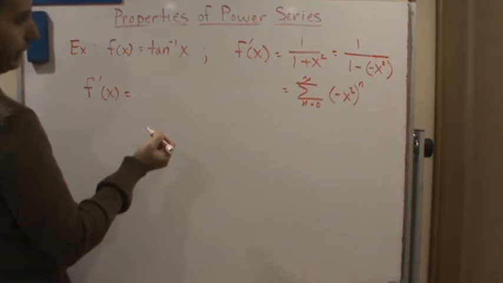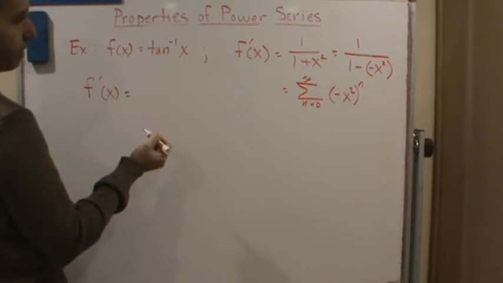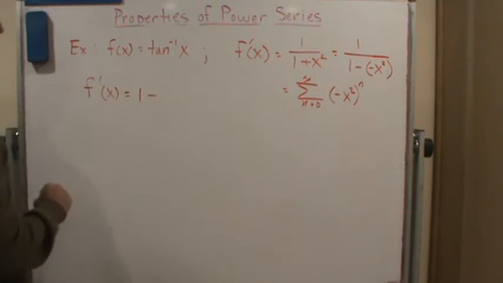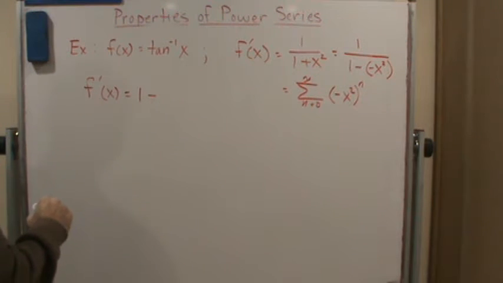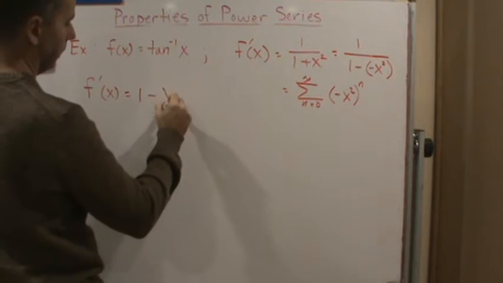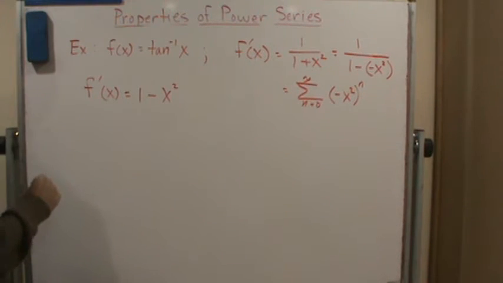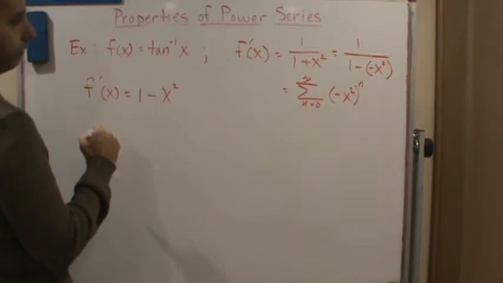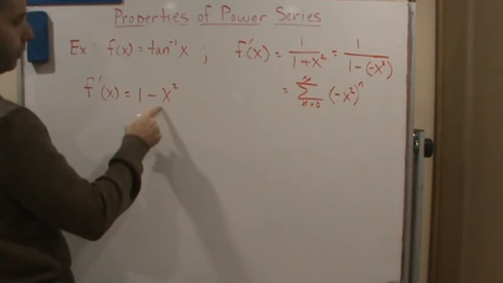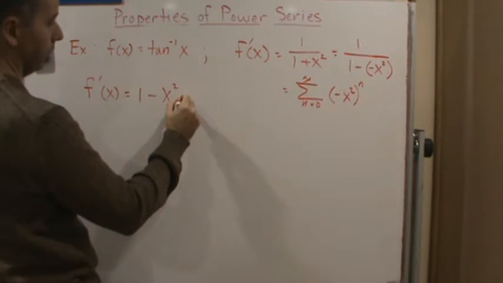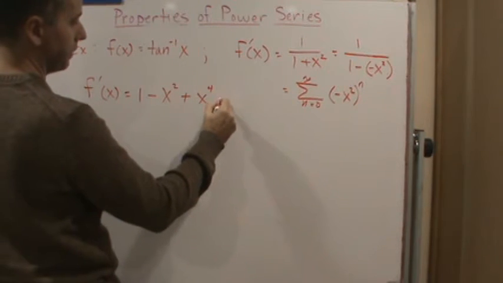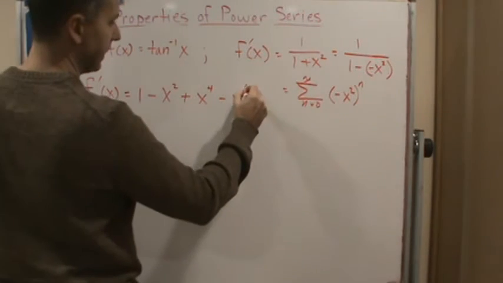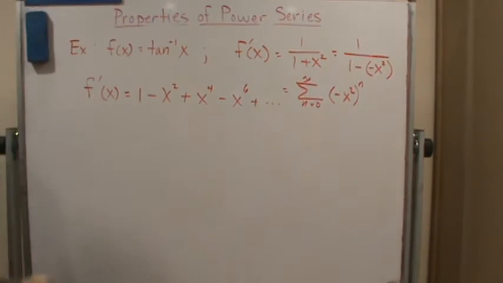Well, this is going to be 1, and then negative x squared, plus x to the fourth, minus x to the sixth, plus, and so on.